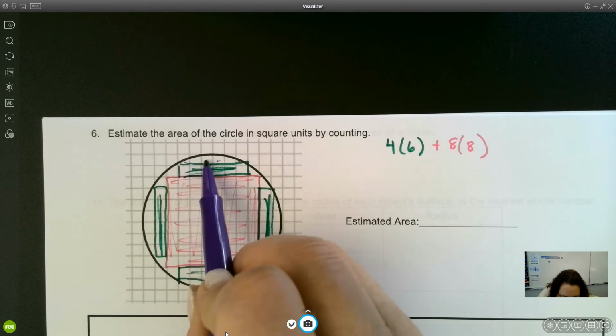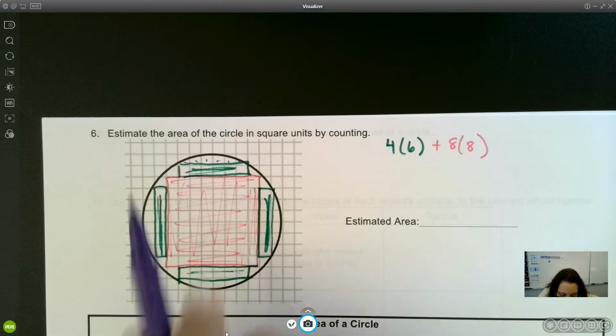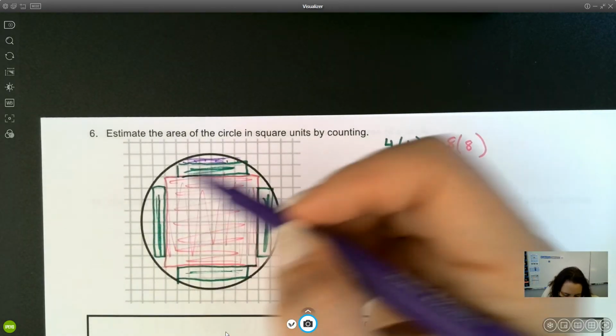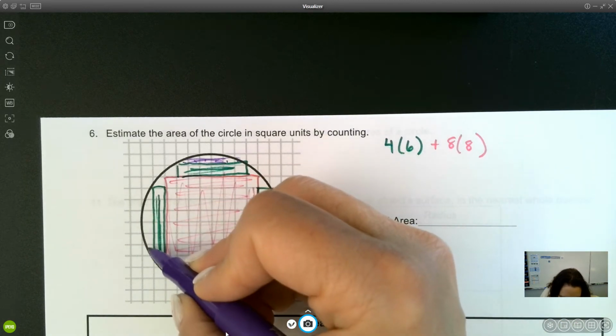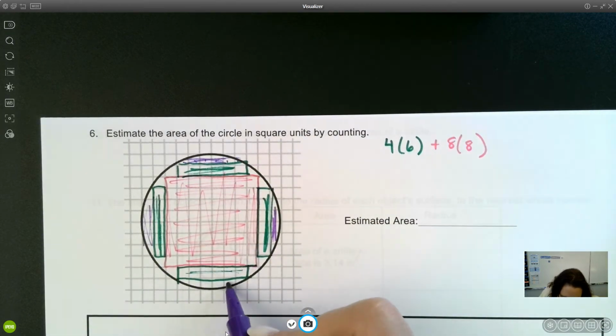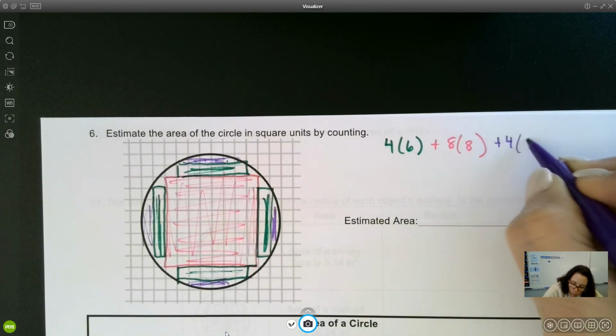Okay, this one and this one make another. And this one and this one probably make another. So I'm thinking that's 3, about. Okay, this purple's about 3. Okay, and we have the same thing up here, same thing here, same thing here. So we've got 4 groups of 3.